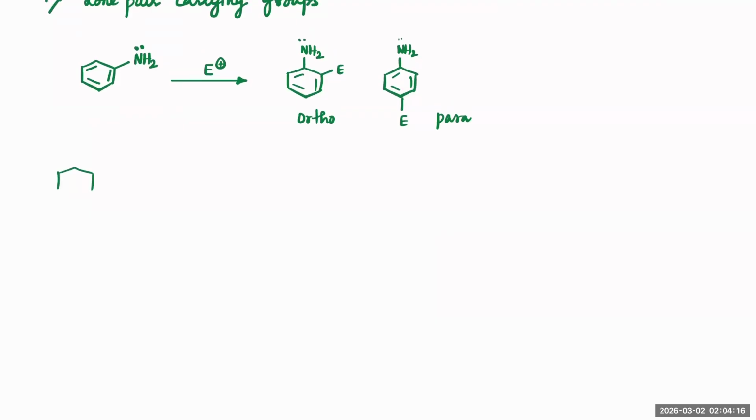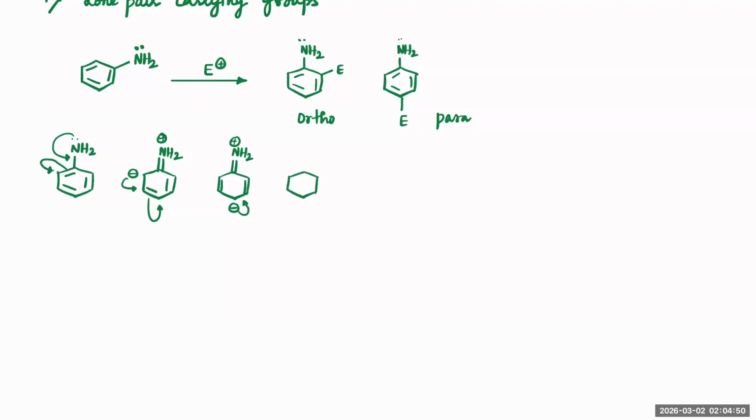Whenever NH2 is present, the lone pair present on NH2 is always in resonance with the benzene ring, because of which you will see negative charge will come here, NH2 plus will be here, and that negative charge again through resonance will move to this position. You will get negative charge here, double bond, double bond, double bond, NH2 plus here, and again the negative charge will go here, the pi bond will move, double bond, double bond, double bond, NH2 plus here.